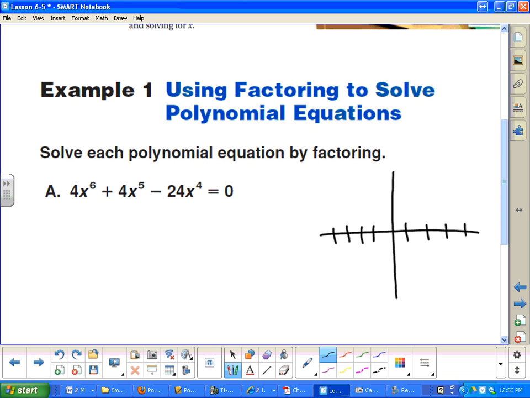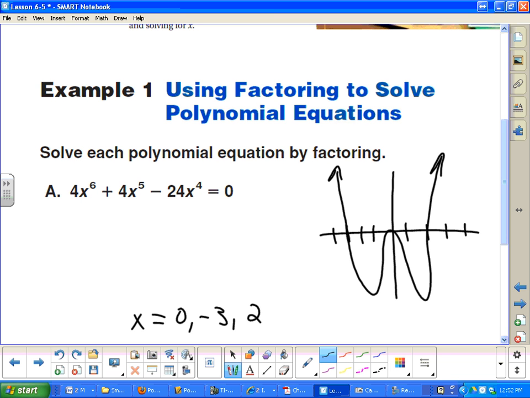Rachel? Okay, -3, 0, and 2. So it looks like this. So my answer, when I'm all done, is going to be x equals 0, -3, and 2.